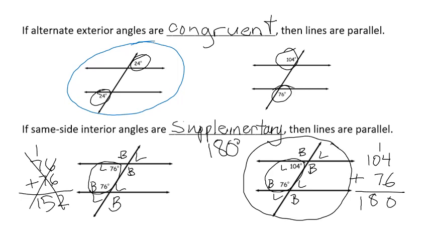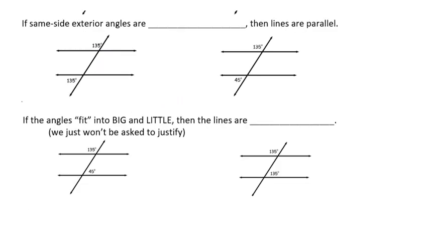Now this also goes for same side exterior as well. They have to be supplementary. And here we go. If same side exteriors are supplementary, then the lines are parallel.